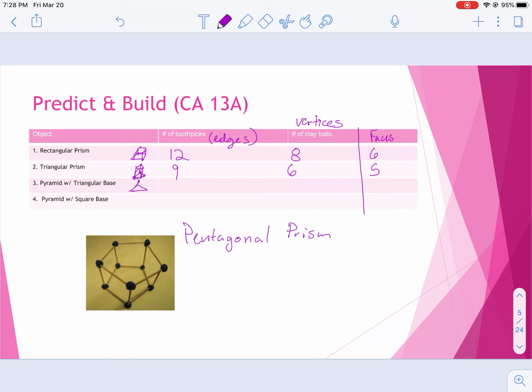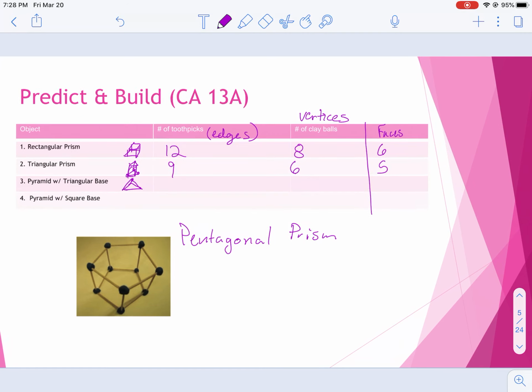And then a point up here that's going to 1, 2, 3. So 3 and 3, it's a total of 6. Clay balls, I've got 3 on the bottom, 1 on top. That's 4. And then faces, I've got a triangle on the bottom, and then 3 triangles on the sides. That's a little harder to see, but a triangle on the bottom and 3 on the sides.